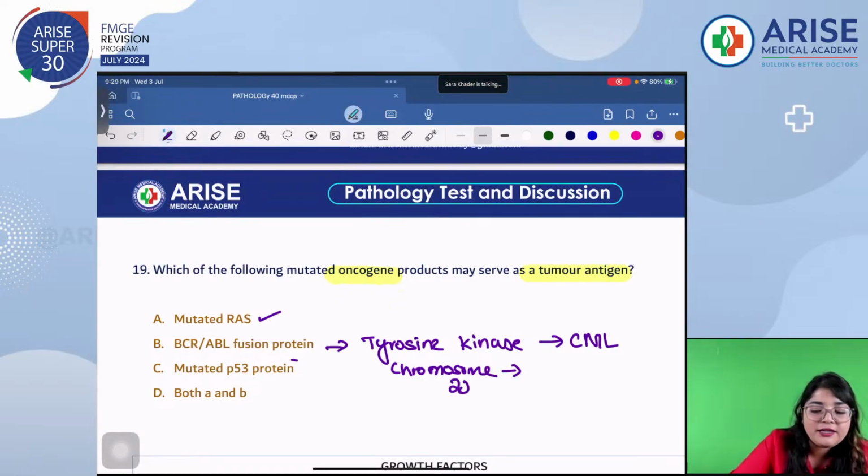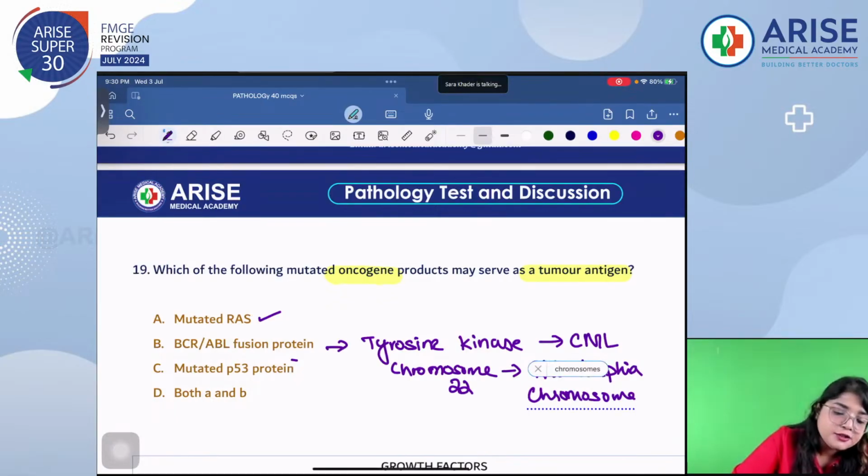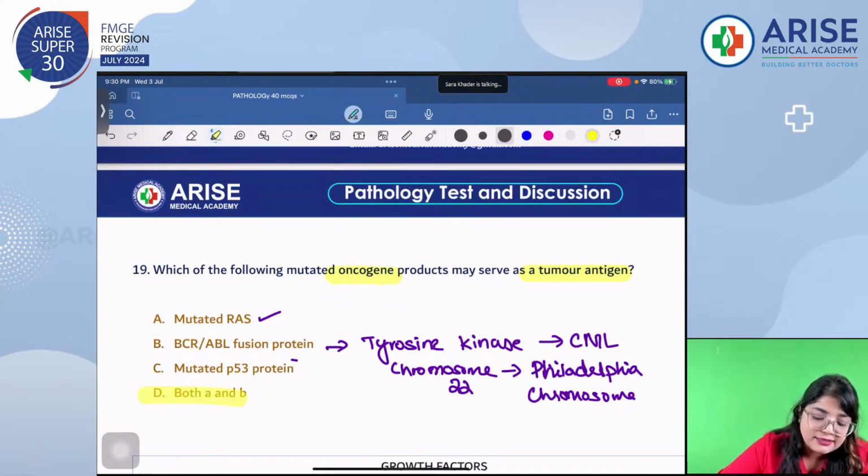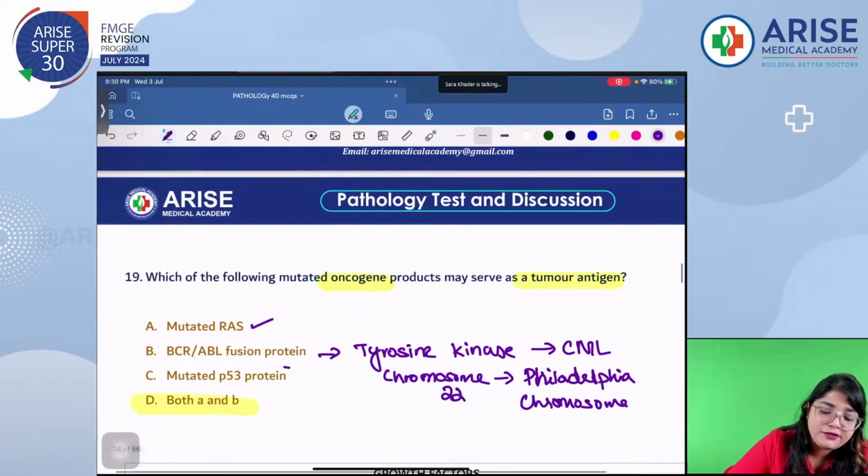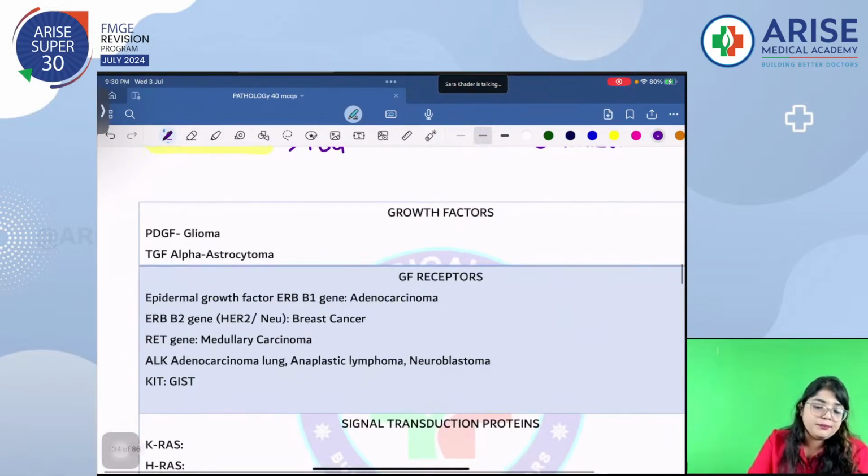Chromosome 22, also known as Philadelphia chromosome. Okay? So what is the answer in this? D has to be the answer because P53 is actually a tumor suppressor gene. I hope you are able to recall that.